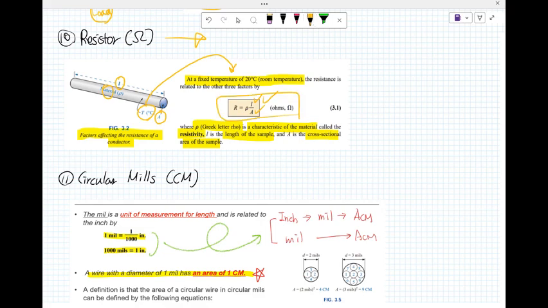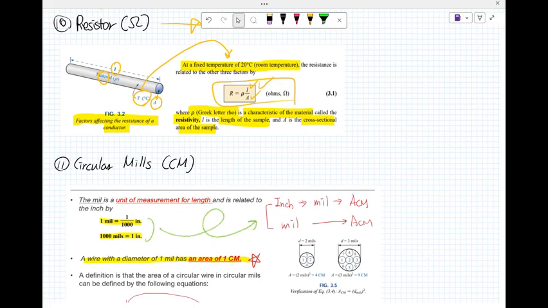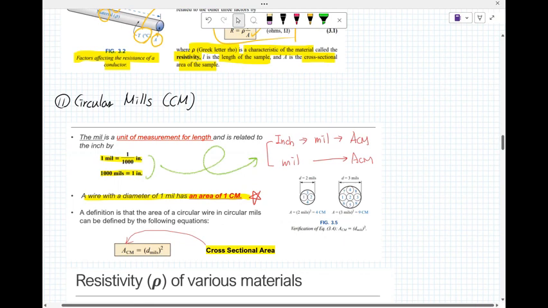The circular mil, very important, cmil. The mil is a unit of measurement for length.